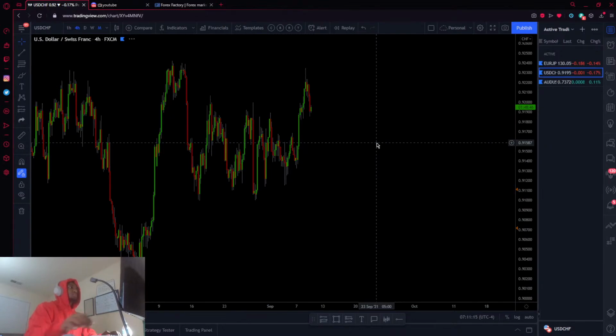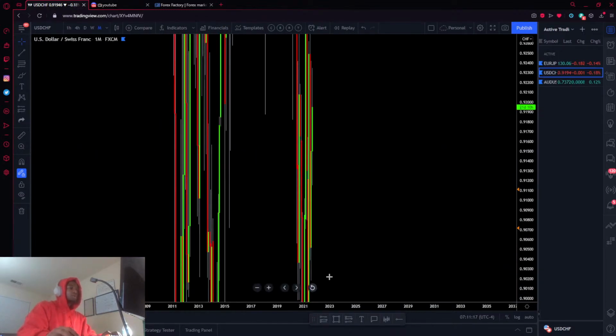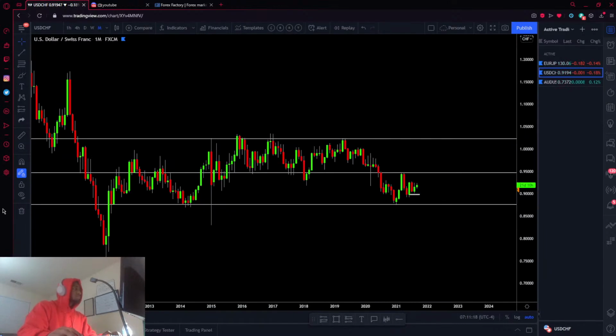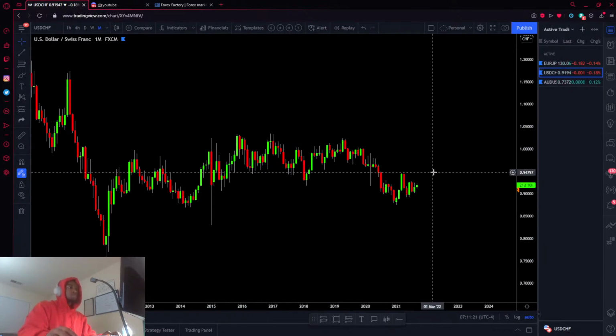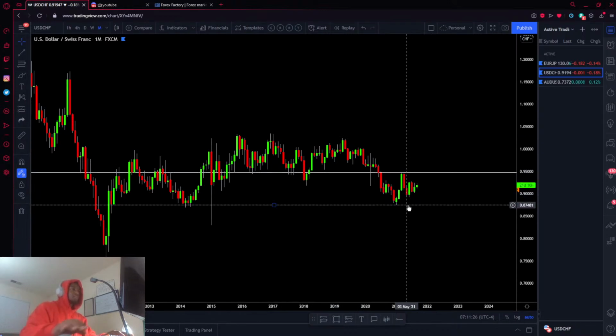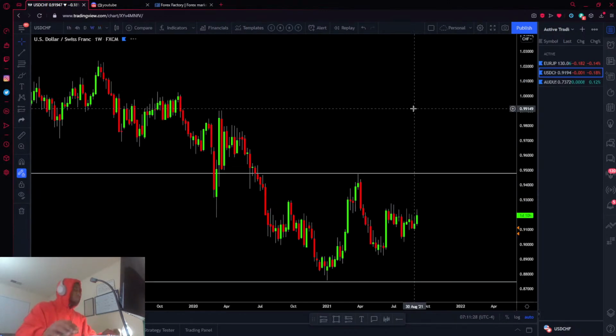Dollar Swiss. I'm gonna do a full new markup on this, because I'll switch from a buy to a sell. Let's go to weekly.